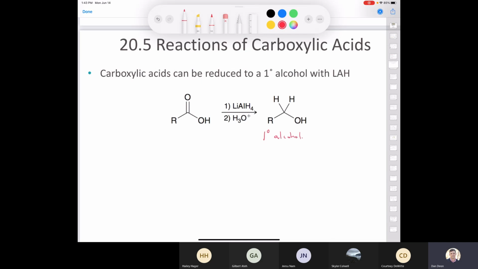Now, this is a 2-step process. The first step is to treat it with lithium aluminum hydride. Then the second step is to treat it with hydronium. This is a reaction that you need to memorize, okay? The reduction of a carboxylic acid with lithium aluminum hydride to an alcohol.